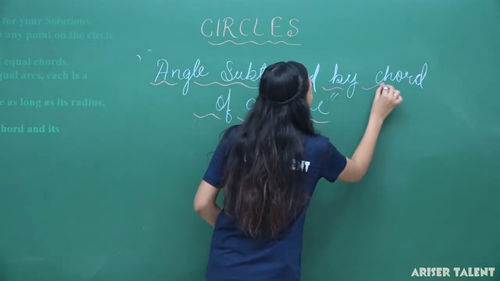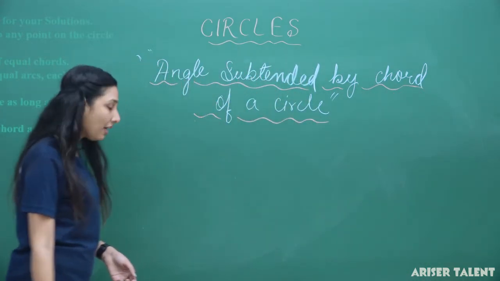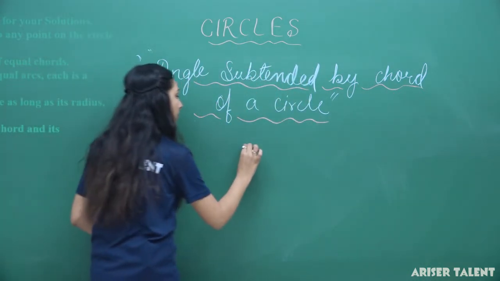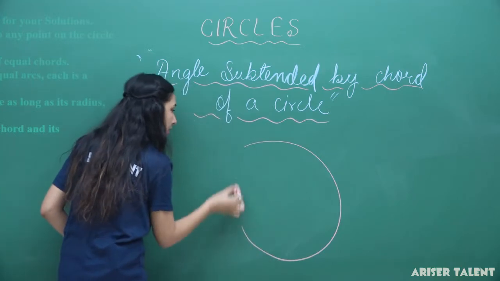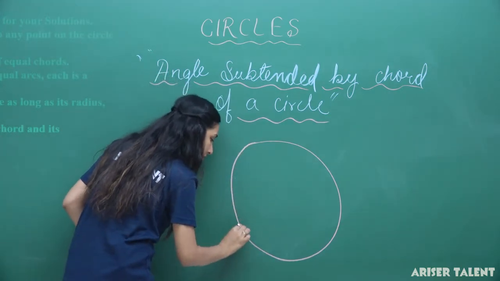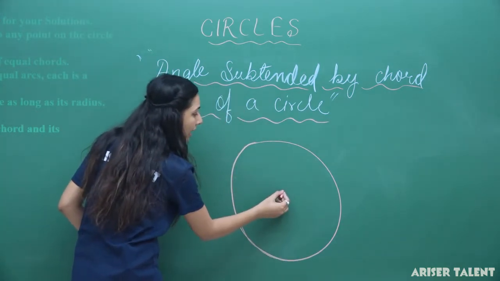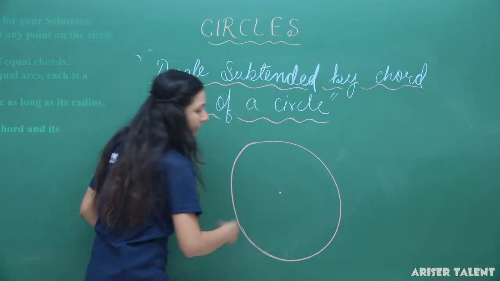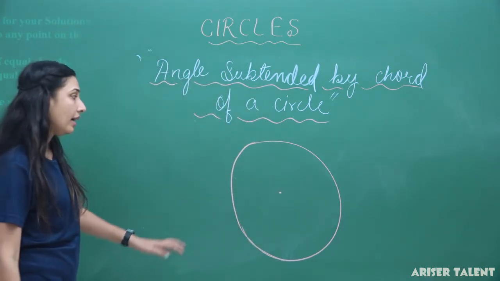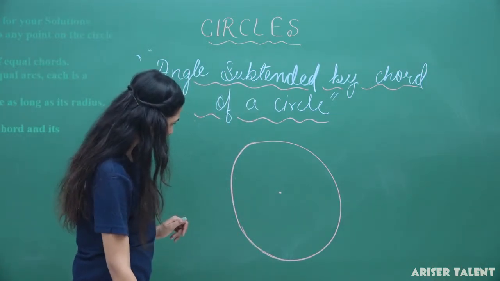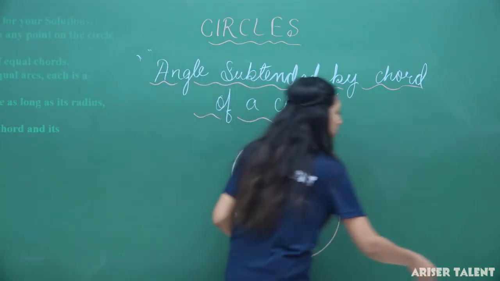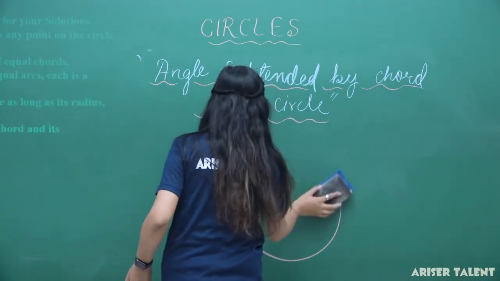So, my dear students, I am having a circle for sure. Let us suppose this is the circle we are having, with the center here. It is not looking like a circle, so again we are going to make a good circle.